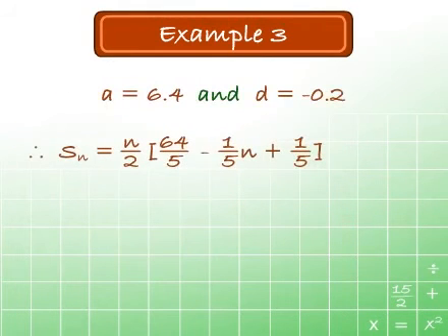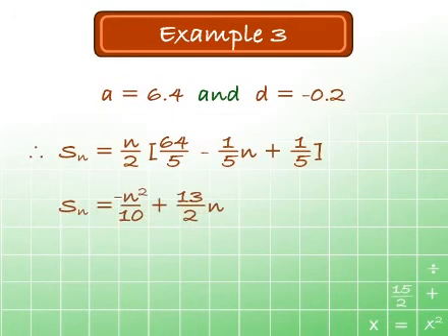Therefore, Sn is equal to n over 2 multiplied by (64 over 5 minus 1 over 5 n plus 1 over 5). Therefore, Sn is equal to minus n squared over 10 plus 13 over 2 times n. Let's call this equation 2.